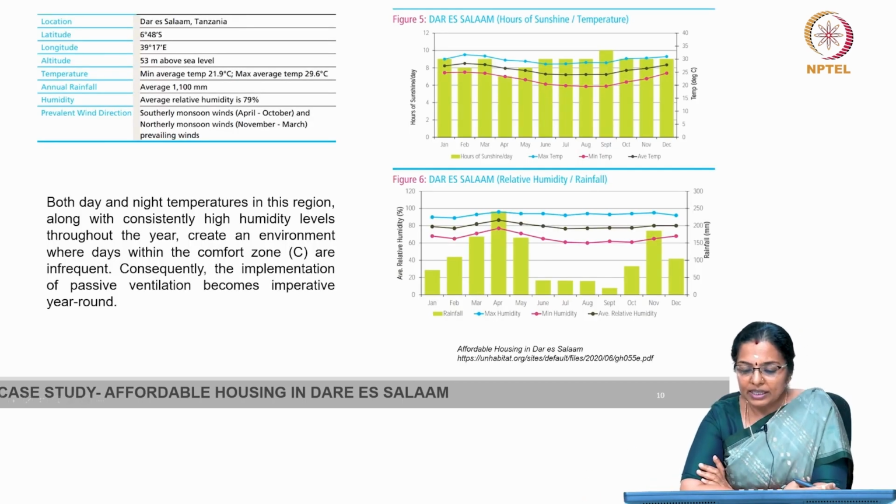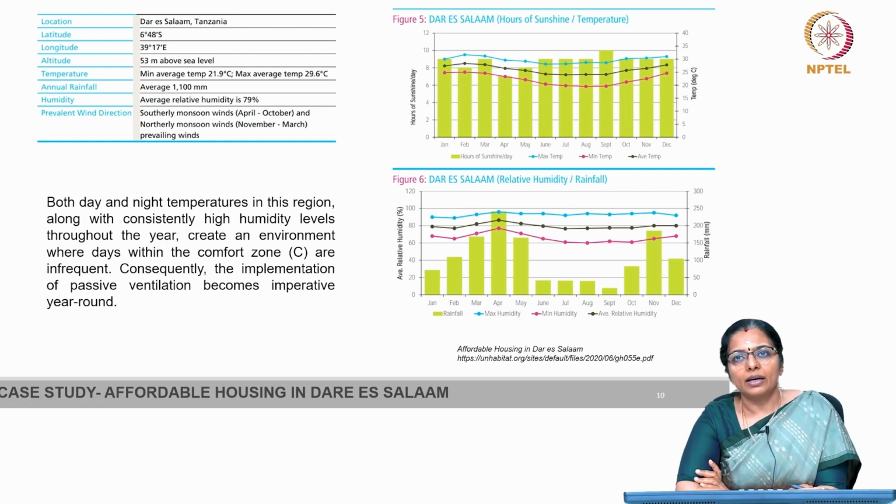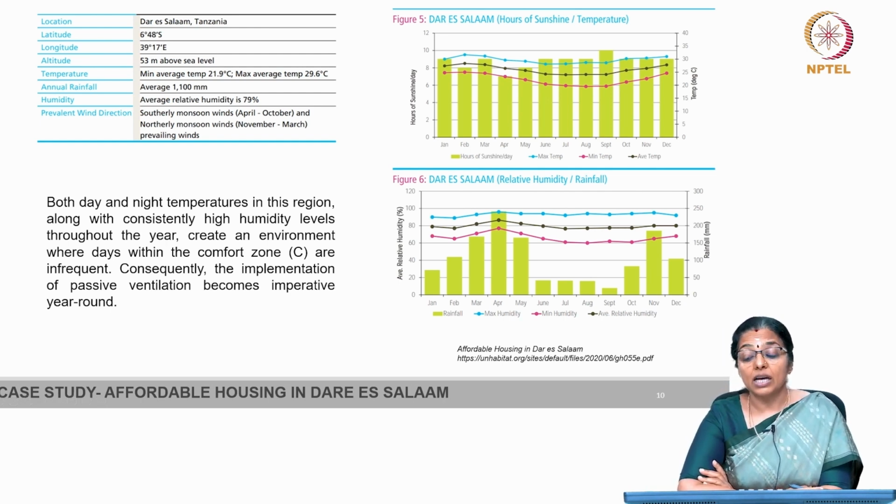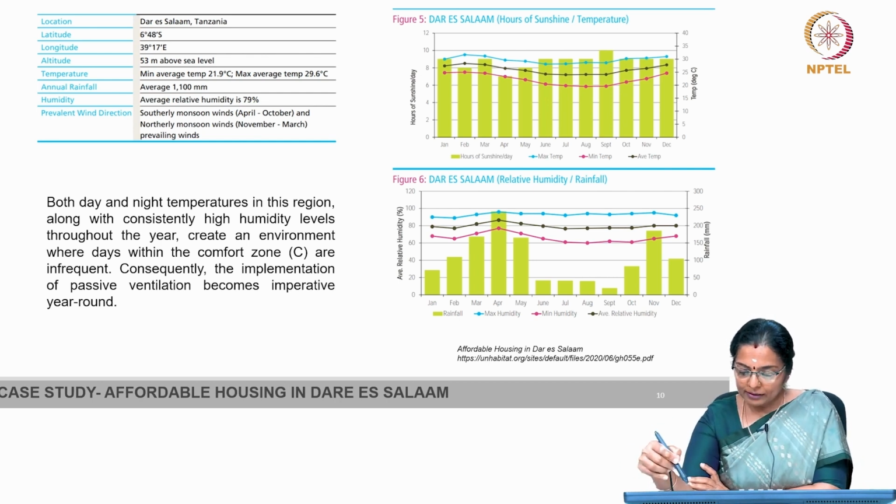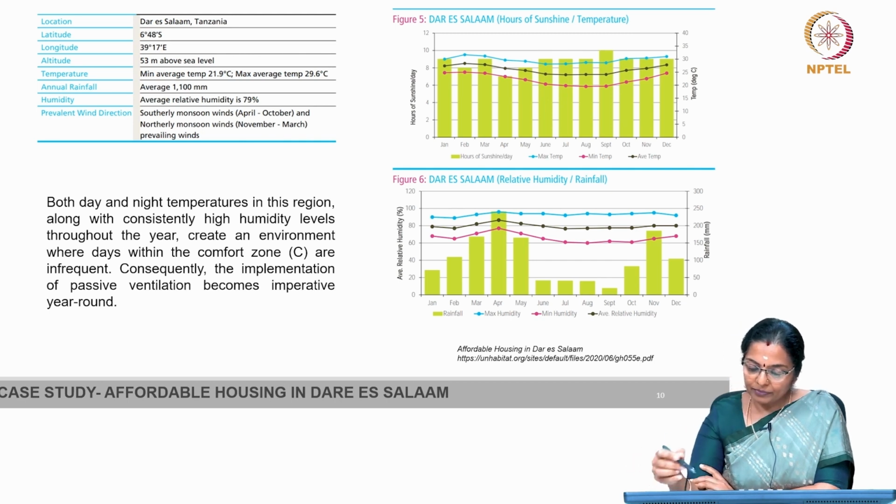Now, here if you see Dar es Salaam, it's in Tanzania, and it shows high temperatures as well as high relative humidity. So, if you look at this diagram and if you look at the sunshine hours as well as temperature, you can find that the temperature is pretty much high throughout the year, and its relative humidity, and see, this is the maximum humidity.